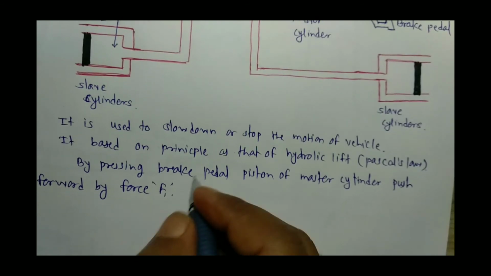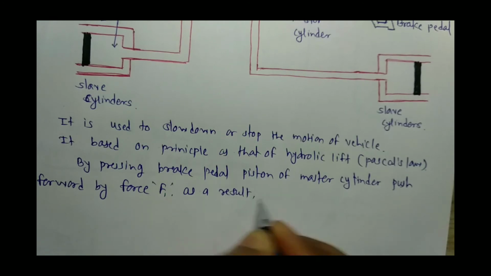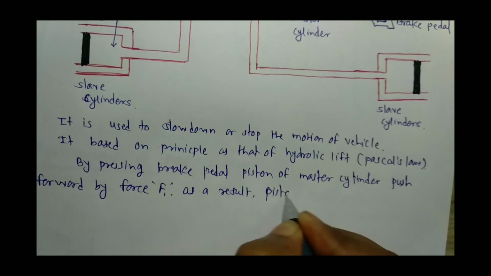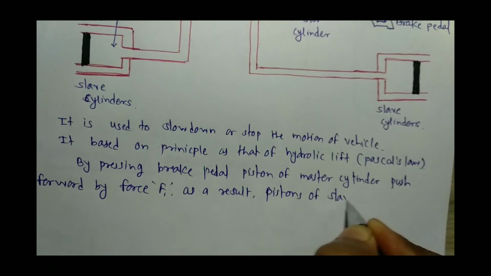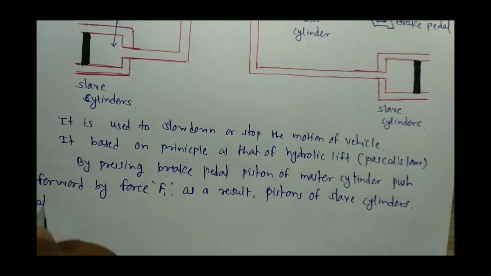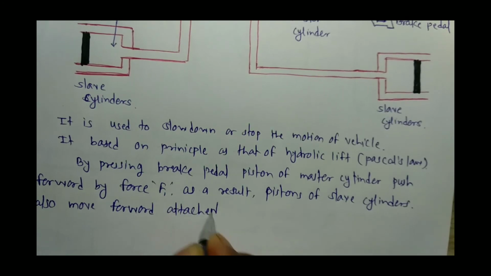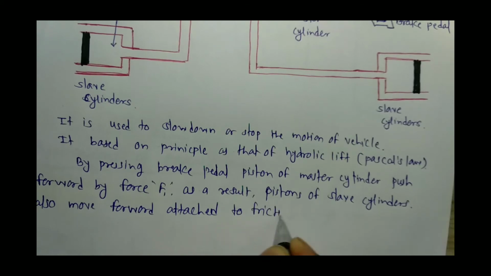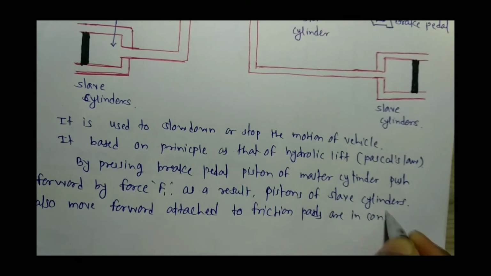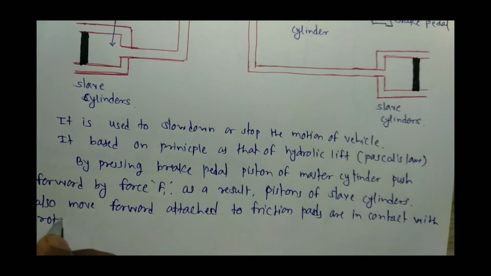As a result, the pistons of the slave cylinders also move forward, and the attached friction pads come in contact with the rotational disc.